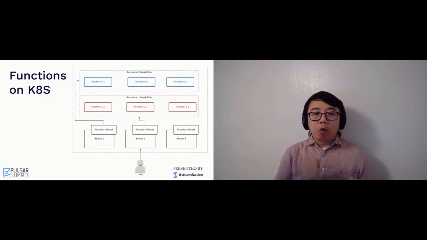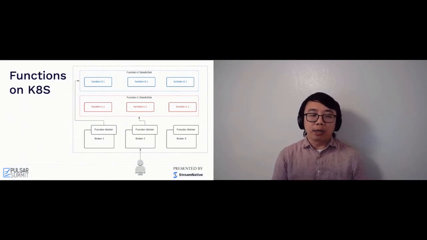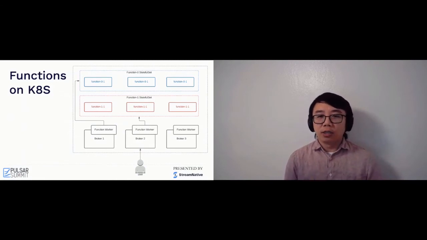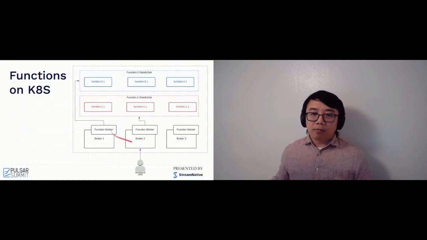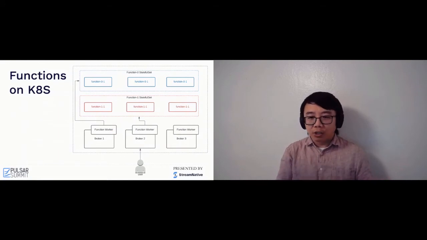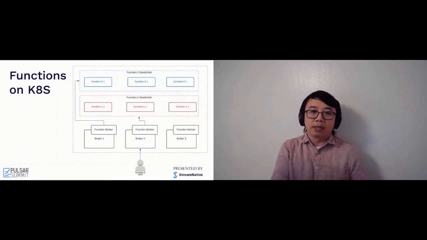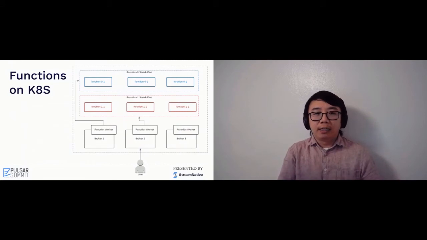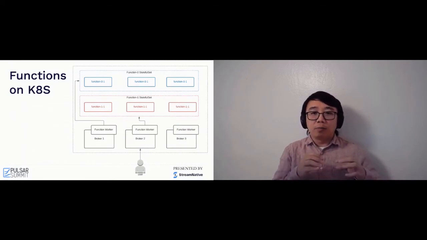When the worker receives its portion of functions, it talks to the Kubernetes API and creates a stateful set for each individual function. It's very easy, but the function worker needs to implement a lot of logic to talk to Kubernetes, manage the state, and sync the metadata information stored in the Pulsar topic to Kubernetes, making sure it creates the right stateful set.